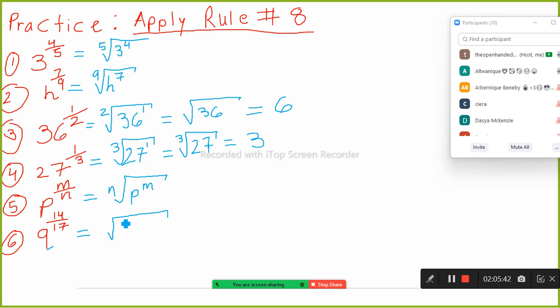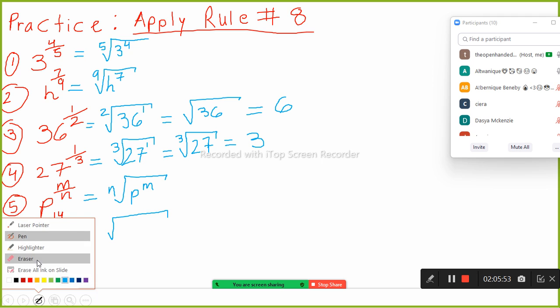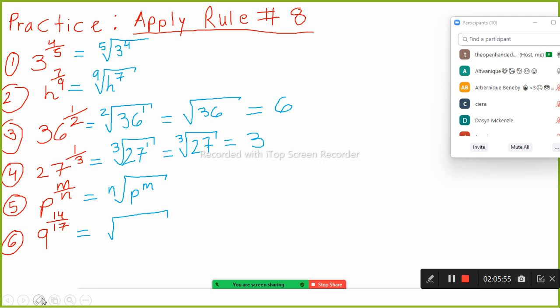I put the 9 at the bottom, and I put the 14 right there on top, at the power.